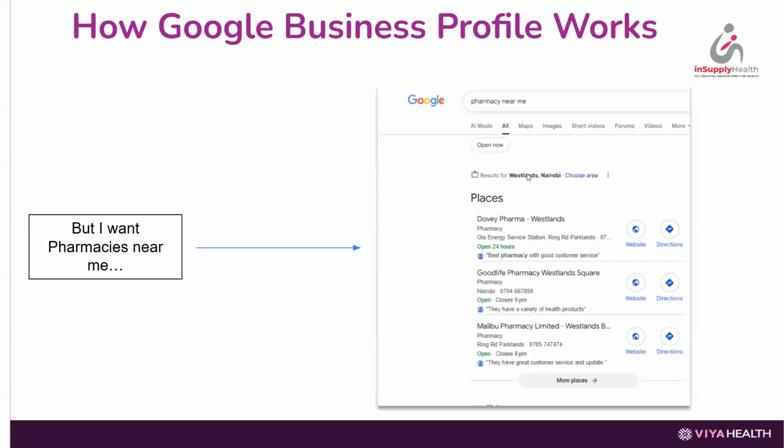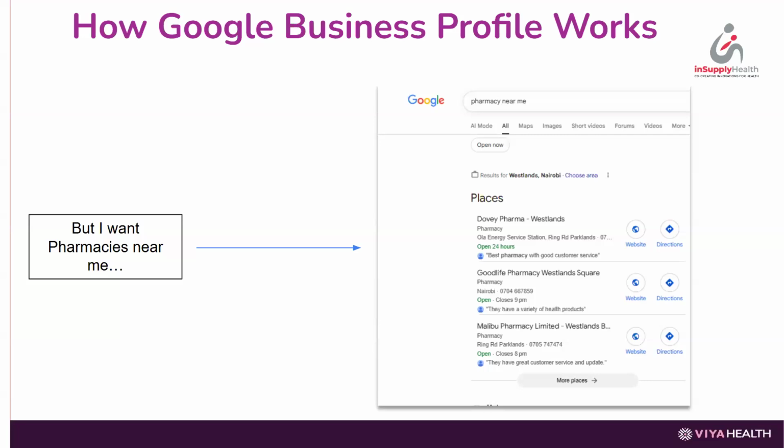In terms of, do you have the best naming for your pharmacy? Let's say you are in Gong, so it can be Dove Pharmacy, and then you have a naming from the location that you are. So you say Dove Pharma, and then you will have the name of the location, which is Gong.